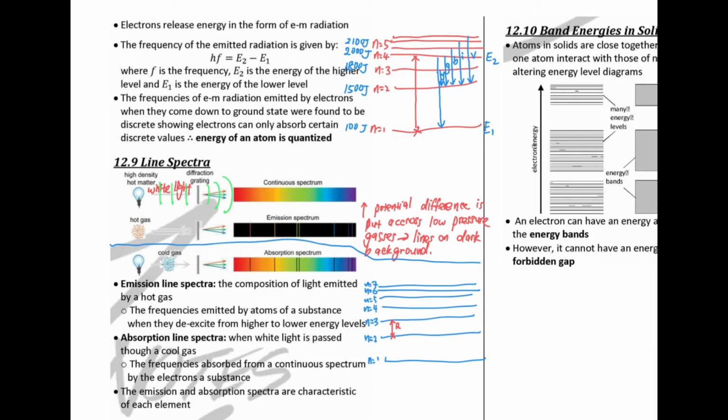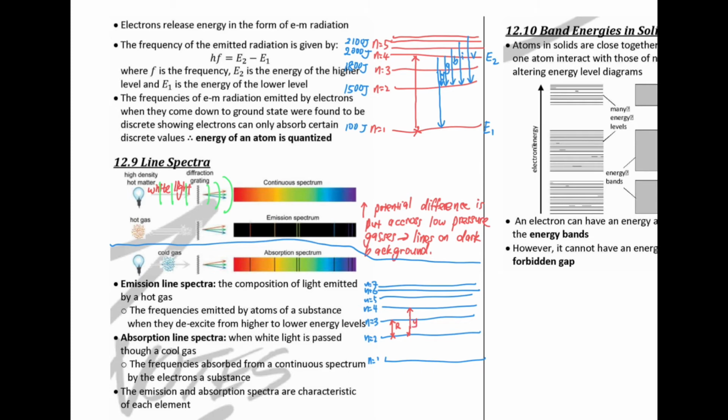Then for the next one, to absorb this yellow color light, they have to start from n equal to 2, absorb this fixed amount of energy, and come to this level and absorb away the yellow light.